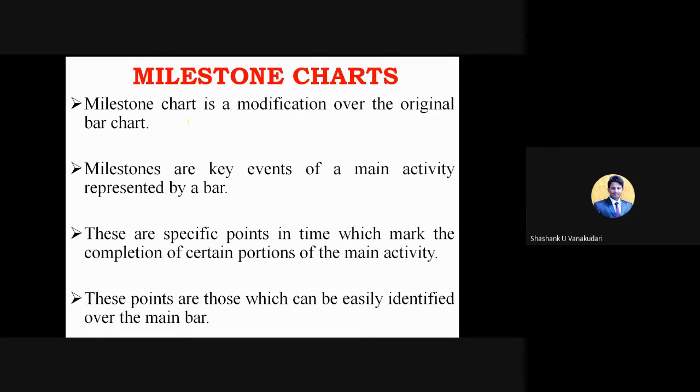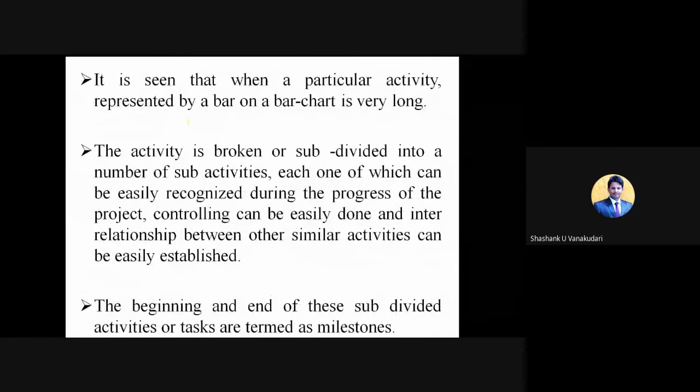Similarly the other activities are shown just below that main activity, and the start date and end date of one main activity can directly be shown in this milestone by using the different points. It is seen that when a particular activity represented by a bar on a bar chart is very long, when the number of activities is more, at that time we need to divide the activity list, from the main activity into the sub activities.